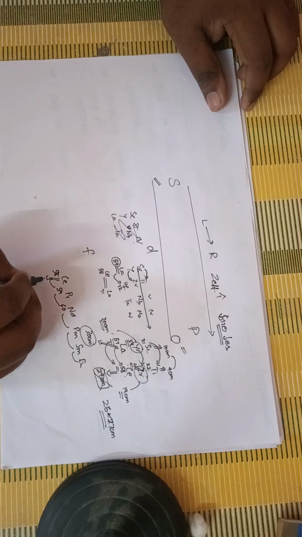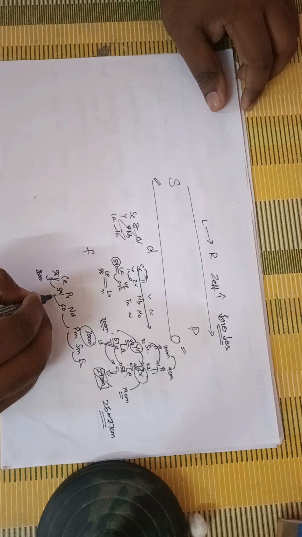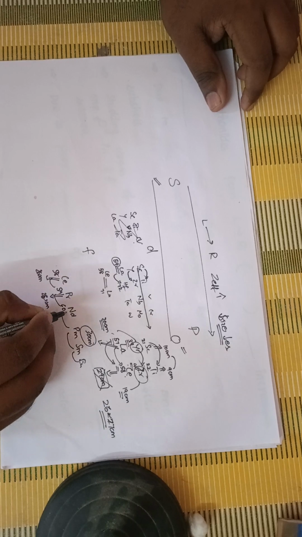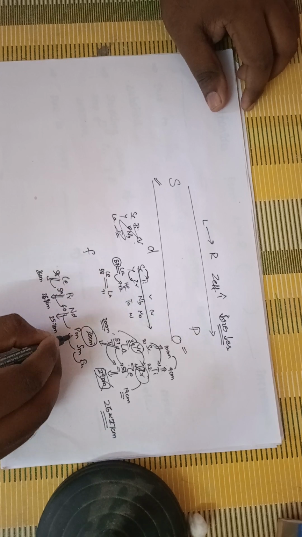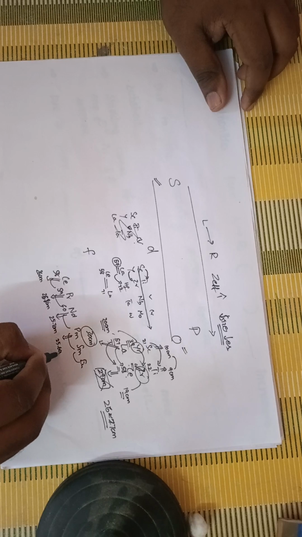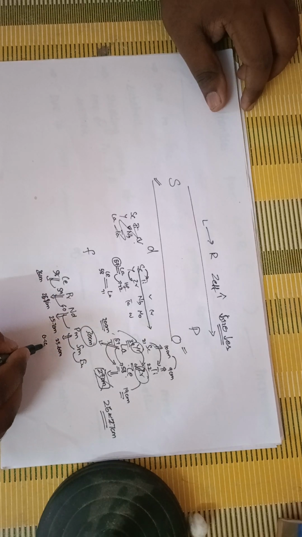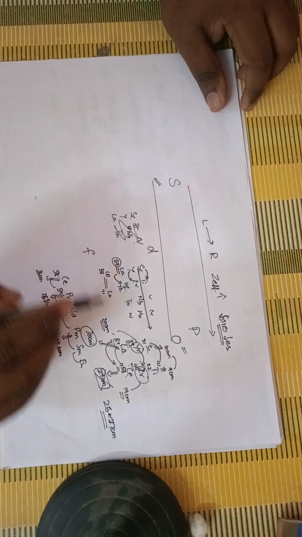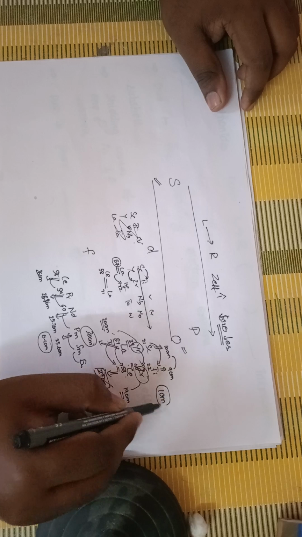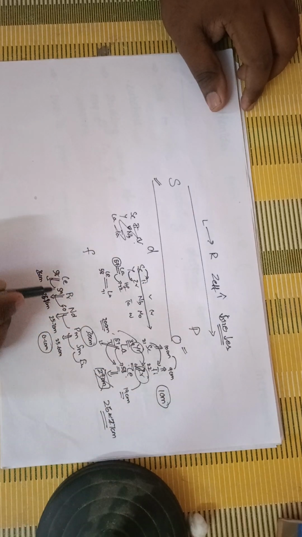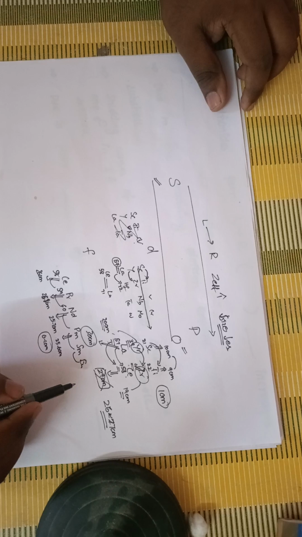If cerium is 26 centimeter, praseodymium is nearly 25.9, neodymium 25.8, then 25.7, then 25.6 centimeter. The difference is 0.1 centimeter. Why does this arise? In the other series, from one element to another we observe 1 centimeter difference in size, but the same is not observed from cerium to lutetium.